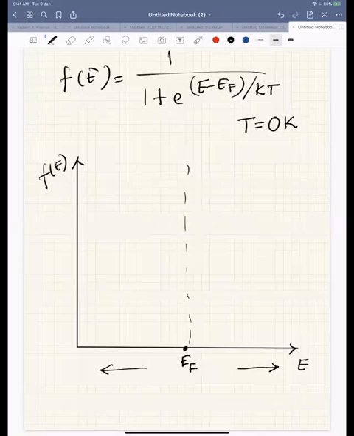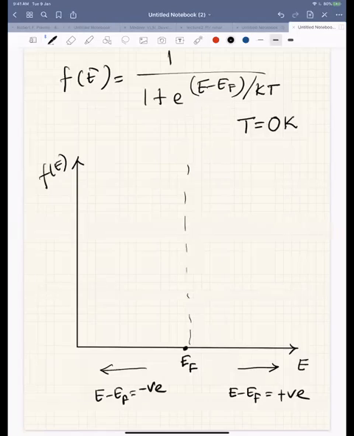In one case E minus EF is positive, and in the other case E minus EF is negative, right?